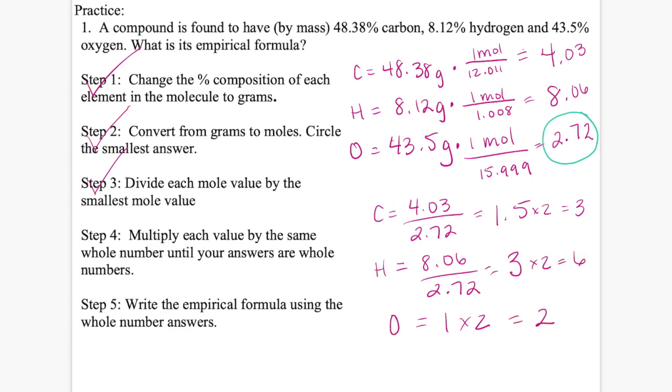For my answer, on your homework, you'll just be doing capital C, and then 3, for hydrogen, 6, and oxygen would be 2. This is the format that you would put on your homework, just because it's much harder on Google Forms to put in the correct format of the subscripts.